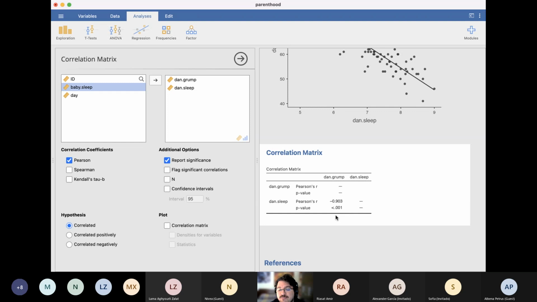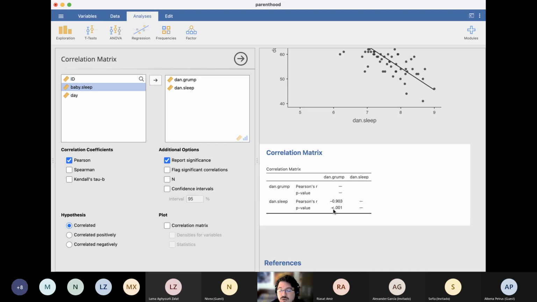of the p-value. The Pearson's R tells you the strength of the correlation between the two variables. The significance is given by the p-value. Two different things. So it could be statistically significant and be very weak. It could be statistically significant and, such as in this case, be very strong.